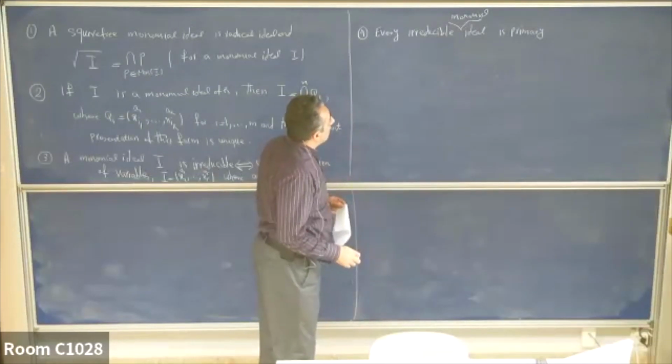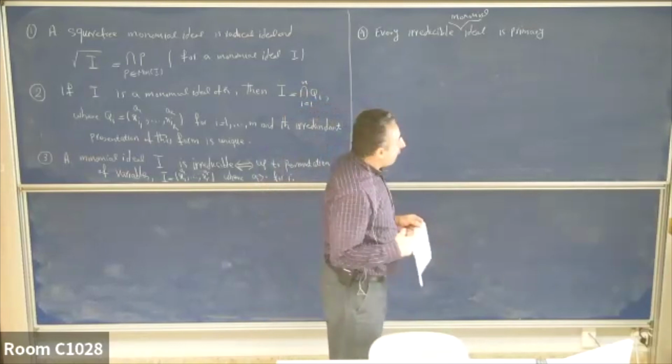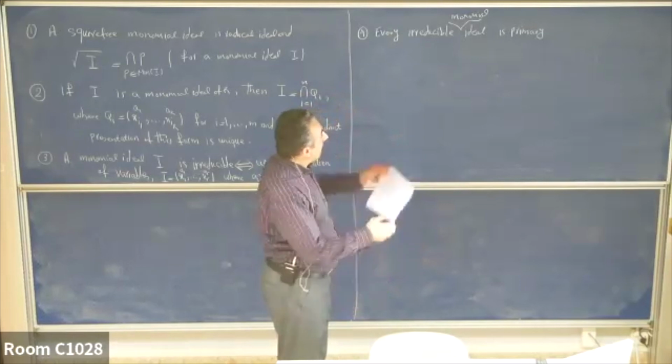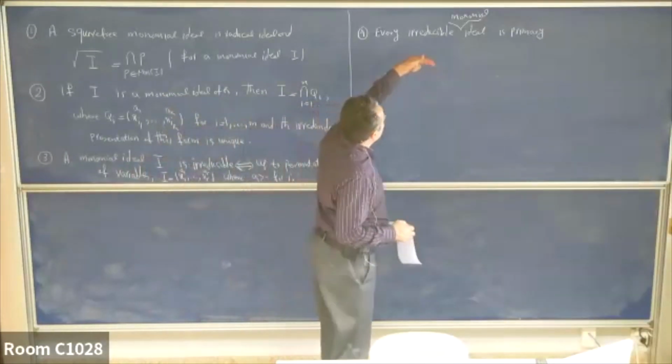For all irreducible ideals this is true: if R is Noetherian and I is an irreducible ideal, then I is a primary ideal. Definitely, but now I speak about monomial ideals. This theorem for all irreducible ideals is true. Yes, I know, thank you.